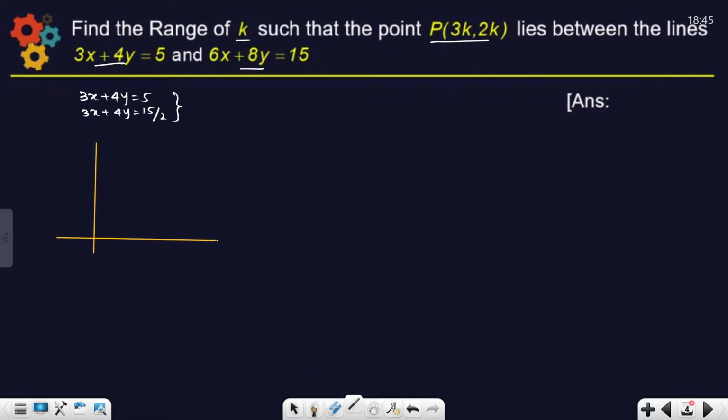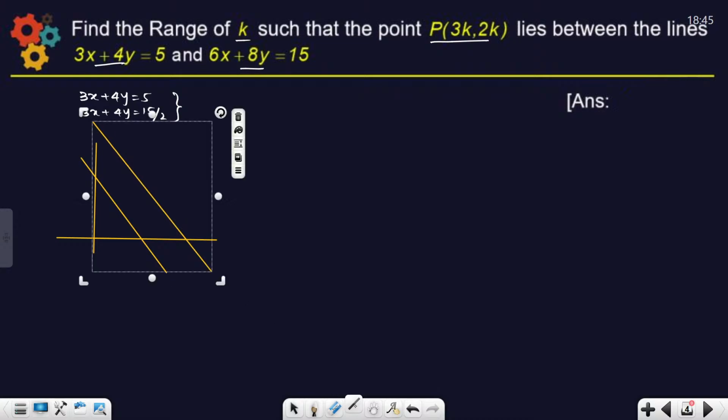So let me just draw these two lines. Say one line is this, and another line is, let us say this, which is a parallel line. Okay?